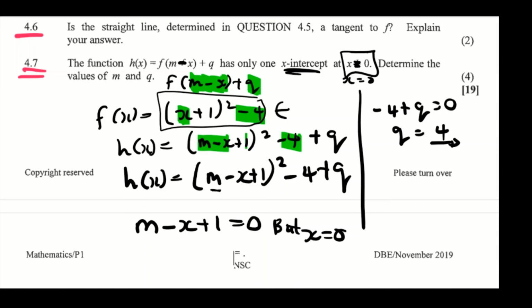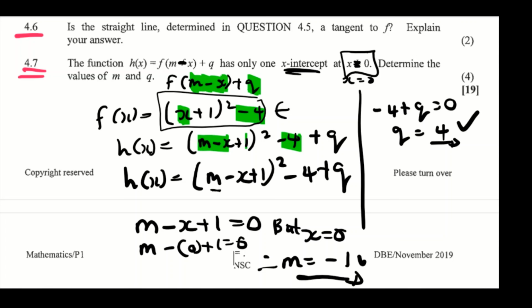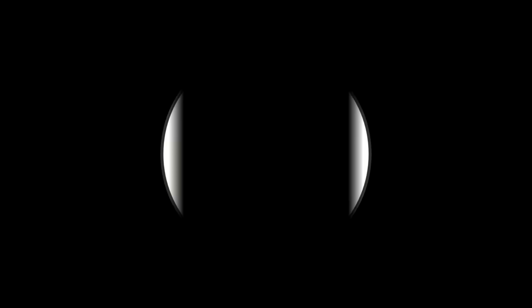But x is equal to 0, so m minus 0 plus 1 equals 0. So therefore m is equal to minus 1. So you have found your value of q and your value of m for this question here.